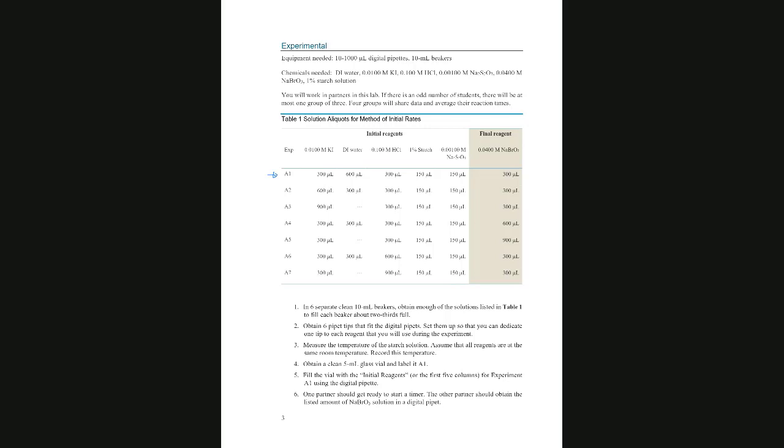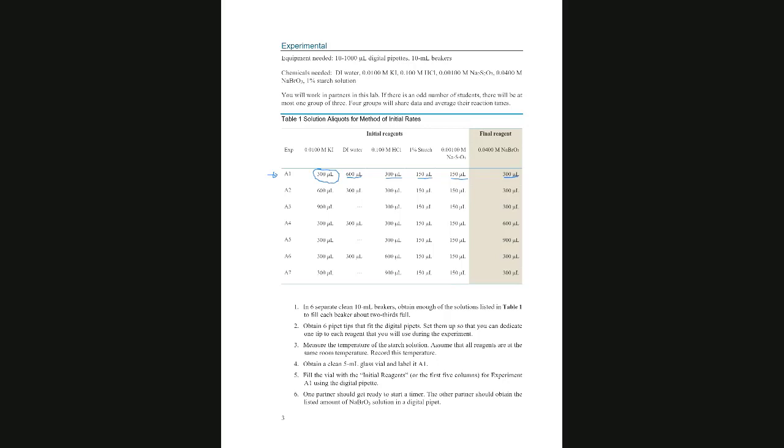The first part, you are adding 300 microliters of iodine, 600 microliters of water, 300 microliters of acid, 150 microliters of starch, 150 microliters of thiosulfate, and 300 microliters of bromate.